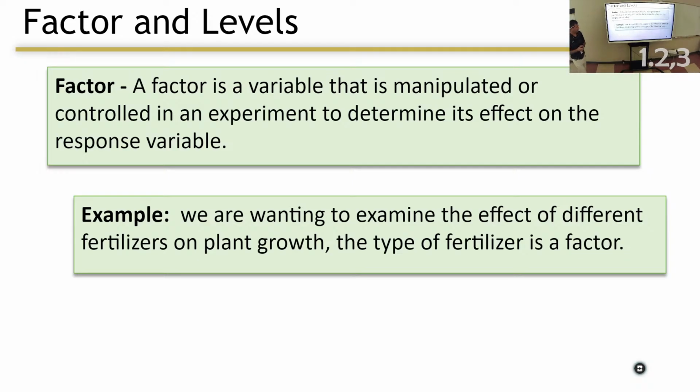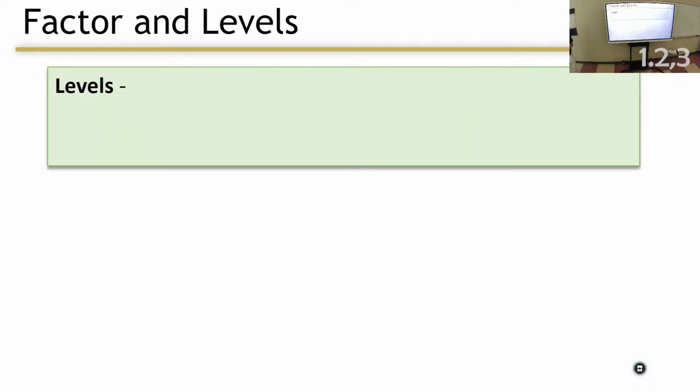We're wanting to examine the effect of different fertilizers on plant growth. So we're going to give them fertilizer A, fertilizer B, and fertilizer C. The factor is the fertilizer. There's not three factors. The factor is fertilizer. There's three levels of it.